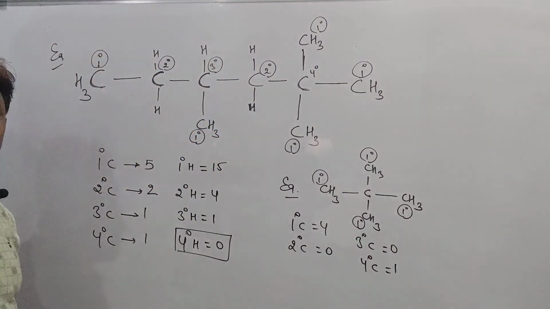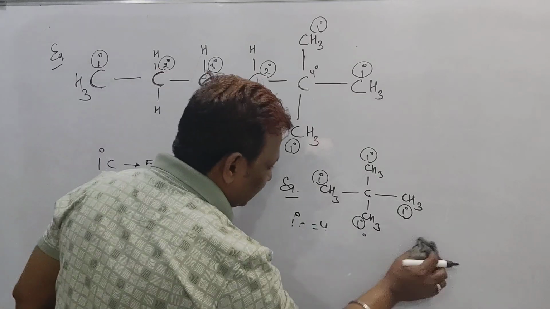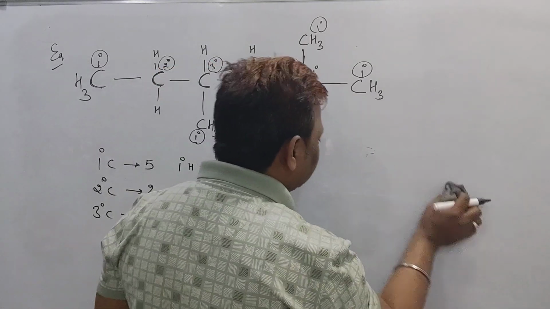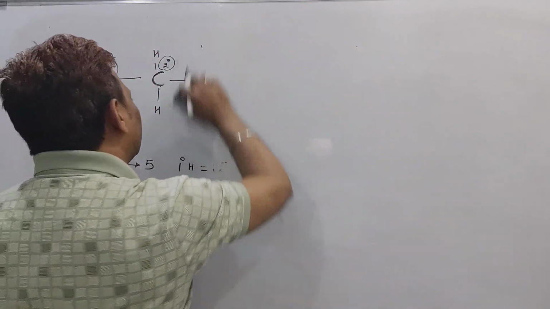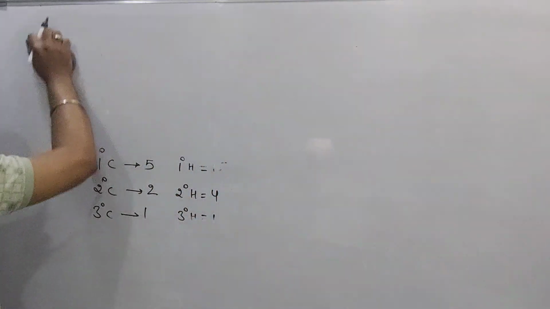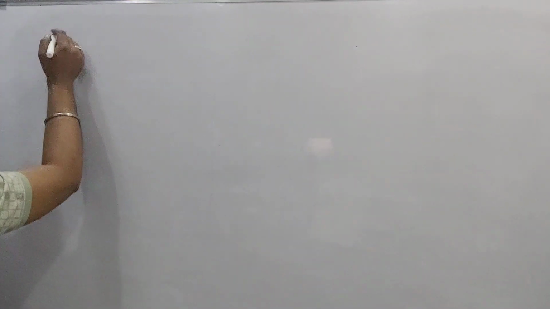So these are the types of carbon and hydrogen atoms we have seen. But now, next, we will see how to write the IUPAC names. Yesterday's previous video, beta, we discussed the IUPAC nomenclature, where we discussed that initially we have to write the prefix, then we have to write the root word and then we have to write the suffix.